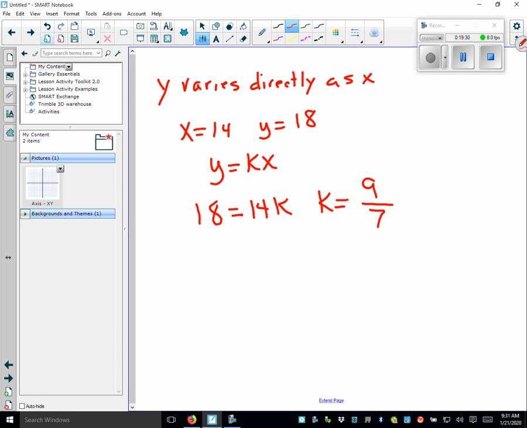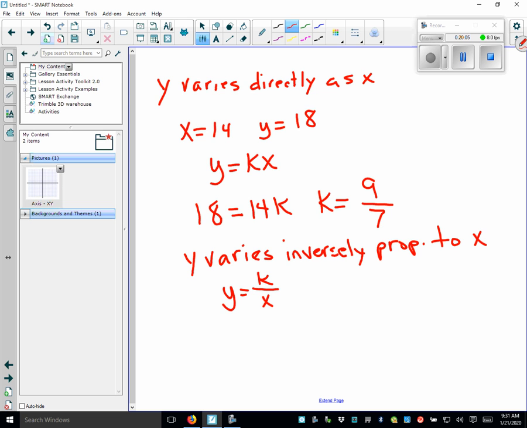Guess what's next? Y varies inversely proportional to X. Do I need to write that? Doesn't this mean y equals k over x?